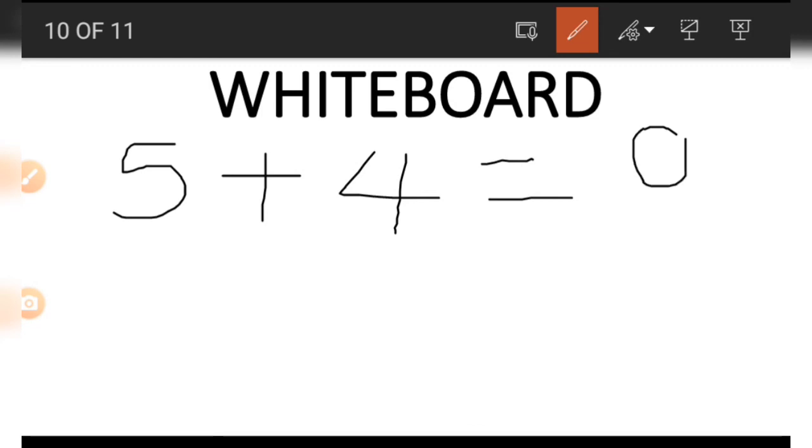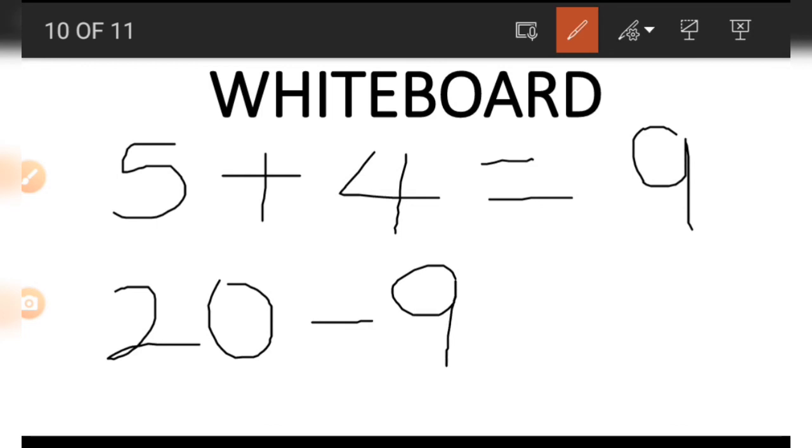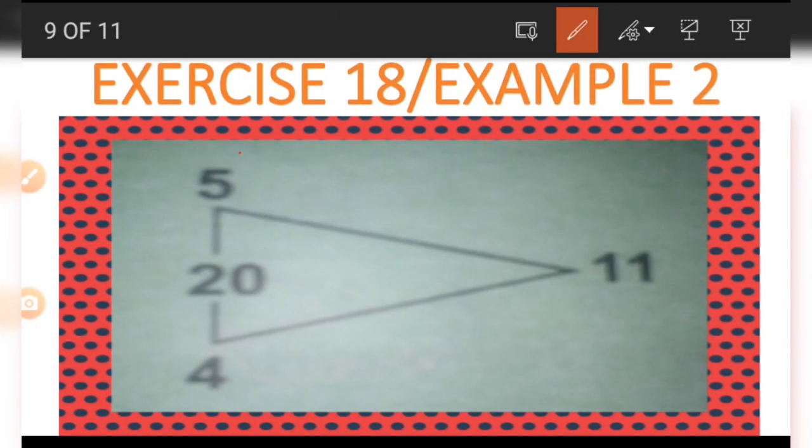That will give us a 9. Now recall there is a 20. So we subtract the 9 from the 20. So 20 minus 9 is equal to 11. So that is how we got the 11.